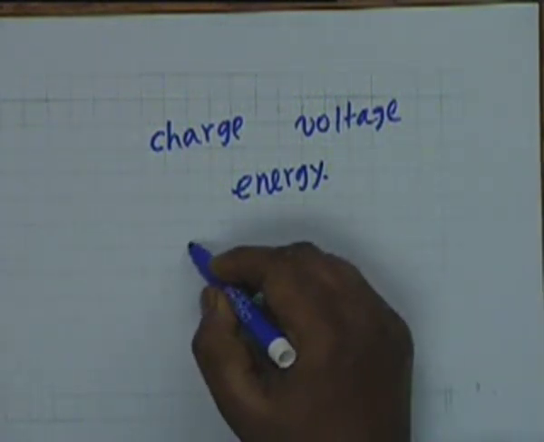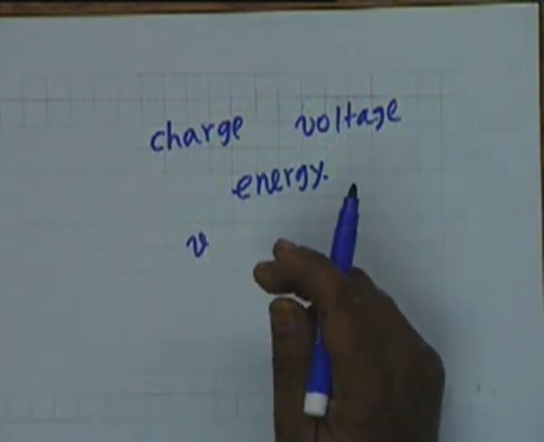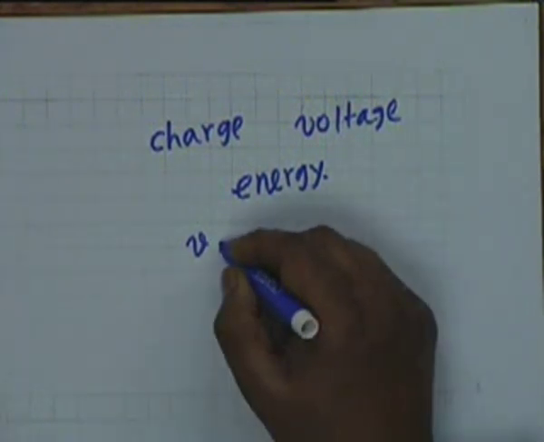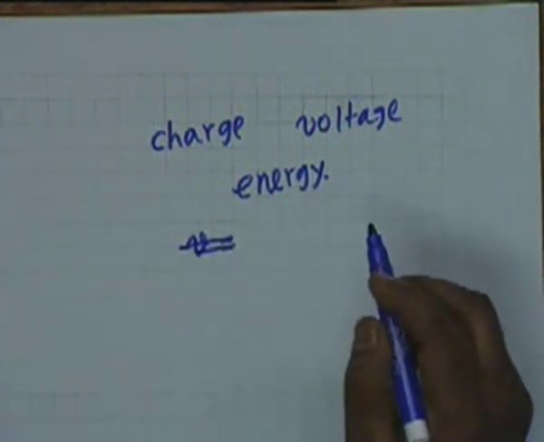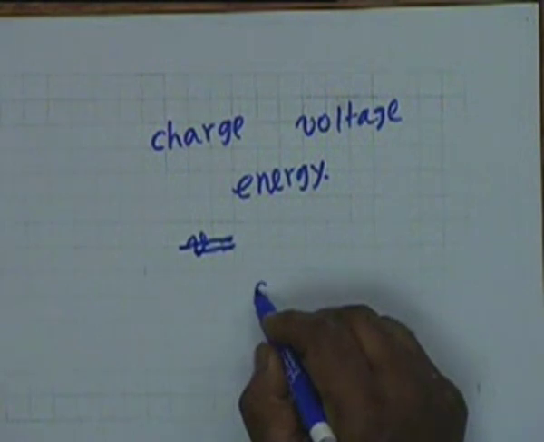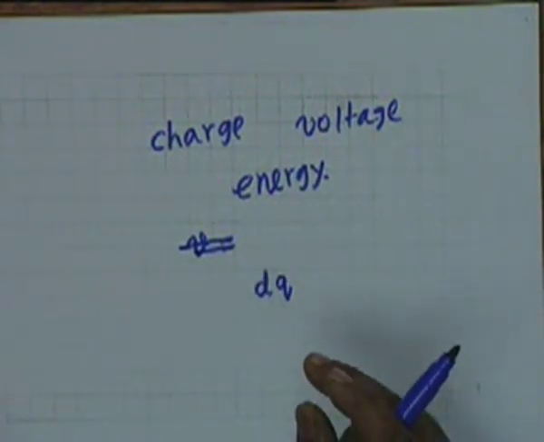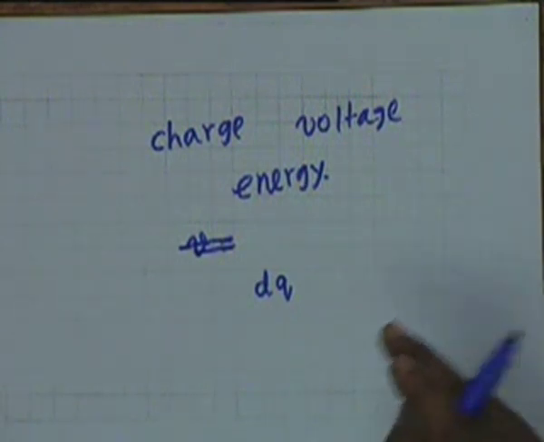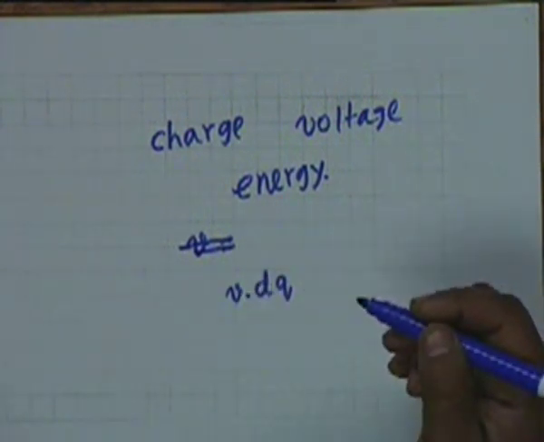Well, the voltage at a point, considering the ground as reference, is obviously, let us put it this way, if you wish to move a charge dq, an elementary charge dq, through a potential difference of V, then the amount of work that is required to be done is V times dq.